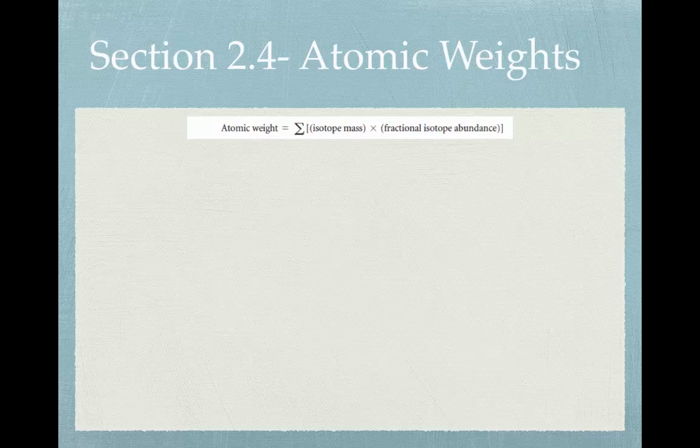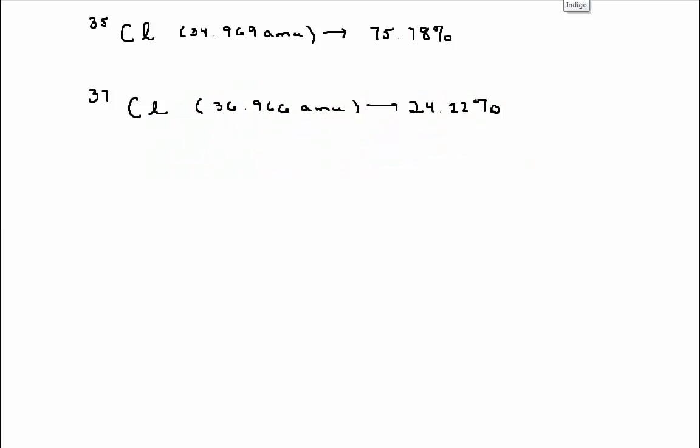And so in this video right now, in this example, I'm going to show you how we calculate the atomic weight of an atom. In this example problem, it tells us that we have two naturally occurring isotopes of chlorine. We have chlorine 35 and chlorine 37. The atomic mass of chlorine 35 is 34.969, and its percent abundance is 75.78%.